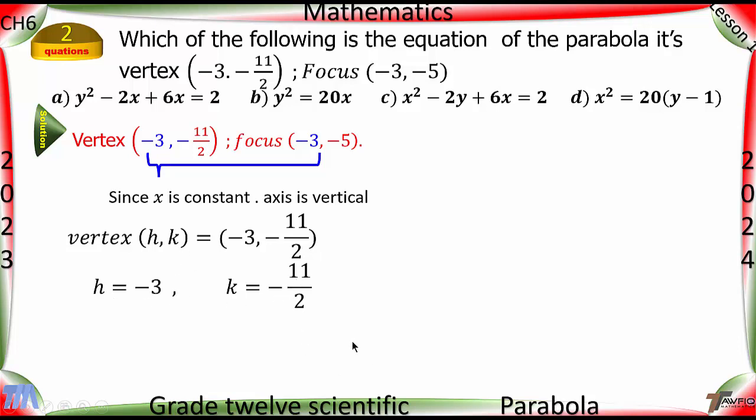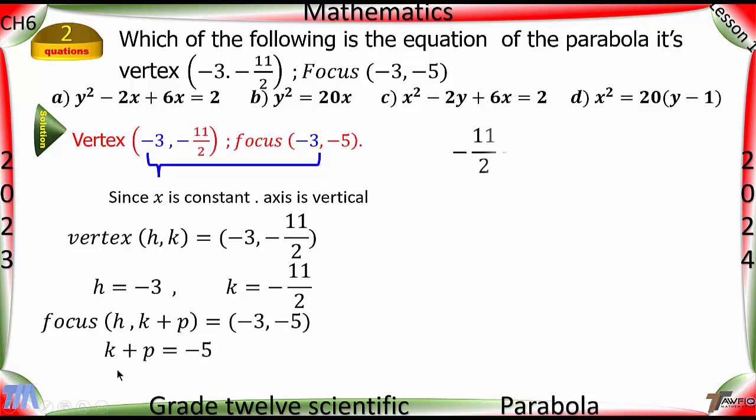To find p, we take the focus. The focus is (h, k + p), which equals (-3, -5). We found h, which is minus 3, and now k plus p is equal to minus 5.